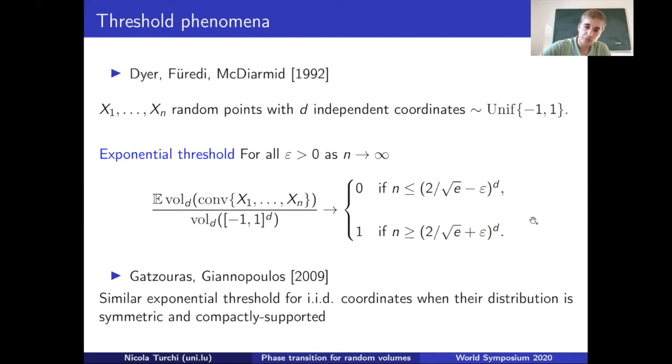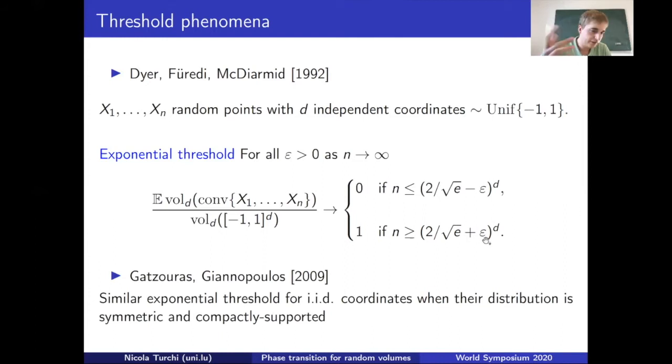So you see the exponential threshold here. If you are above the exponential threshold, you cover everything. If you are below, you don't cover anything. Notice that there's quite a gap here because there's this gap in the base.